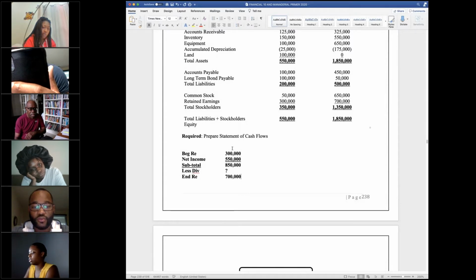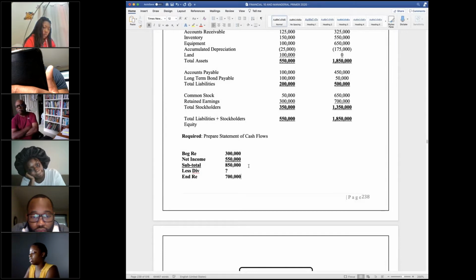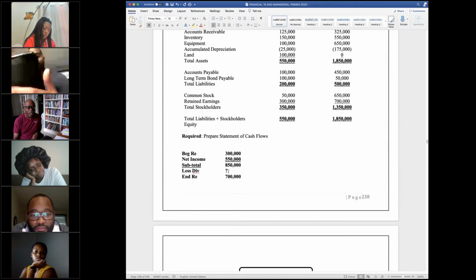So if the ending retained earnings is 700 and the subtotal of beginning retained earnings and net income is 850, how much must the dividend be? 150. So that's how we solve for it.